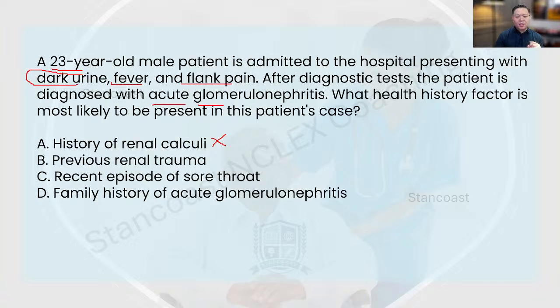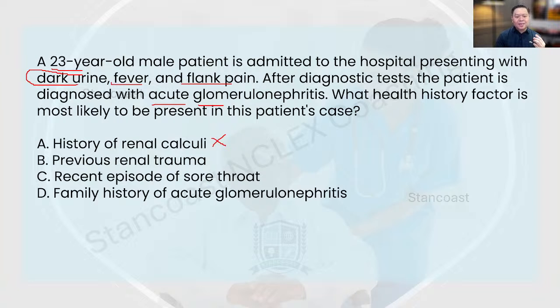Previous renal trauma. What do you think about that, renal trauma? Basically, it pertains to kidney damage, and could be a potentially kidney-related complication. But this is not actually a causative factor for acute glomerulonephritis.